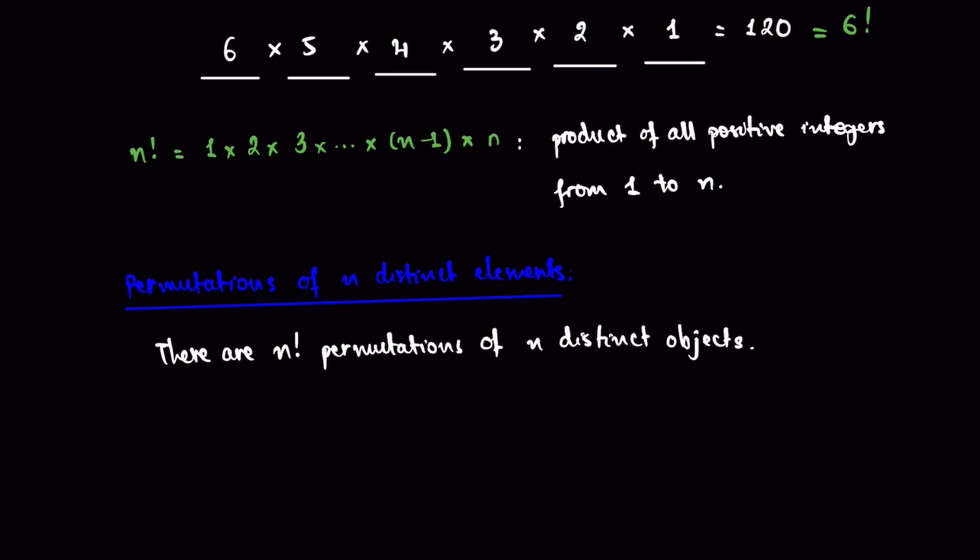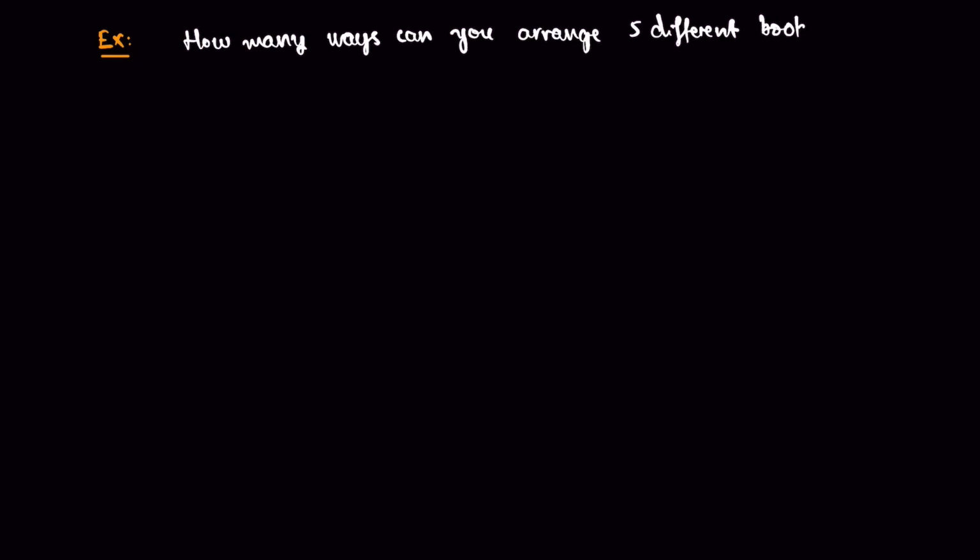Now let's move on to one more example related to permutations of n distinct objects. In this example, the question is how many ways can you arrange 5 different books on a bookshelf? So this is similar to the idea of permutations of 5 distinct elements. Right, so you have 5 different slots on the bookshelf here.